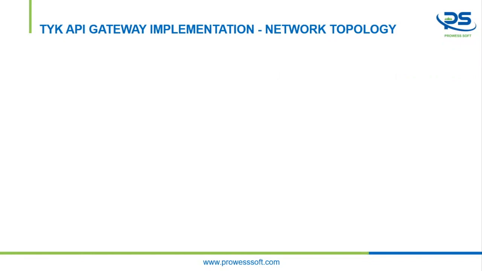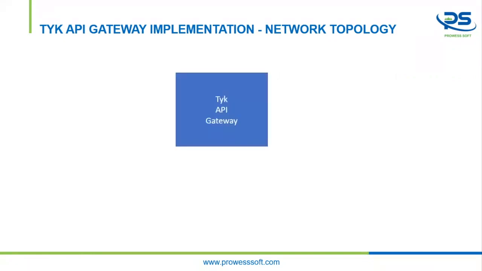So let's look at the network topology that we are working with. As you can see in the center, there is Tyk API Gateway, which is exposed on port 8080 currently on my localhost. The gateway provides functionality for authentication, basically the mediation, transformation, and full lifecycle management of APIs.